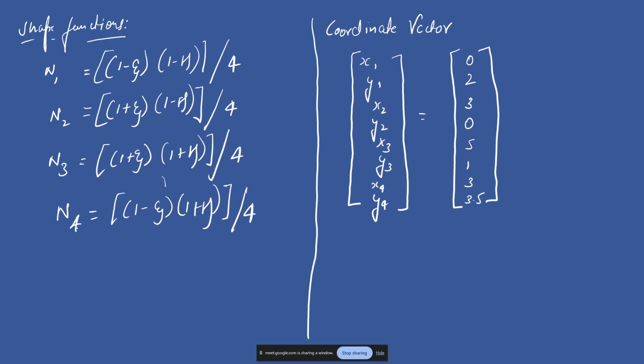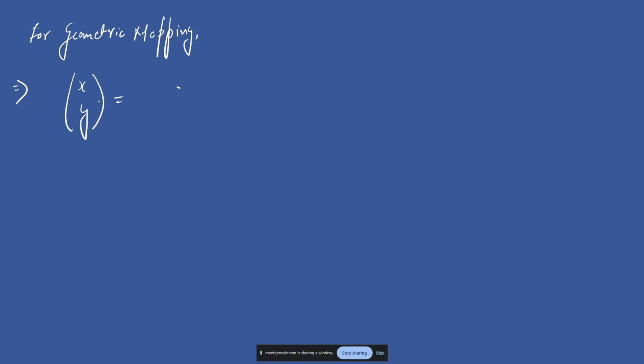Once you have this, you have to do the geometric mapping. So for geometric mapping, what we're going to do, this is x, y, then you have to define the matrices for the shape function.